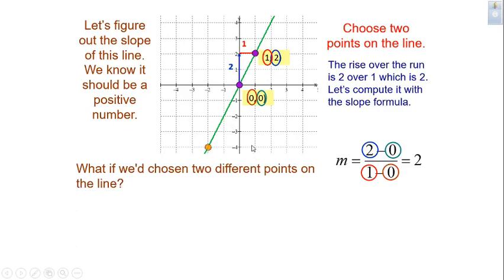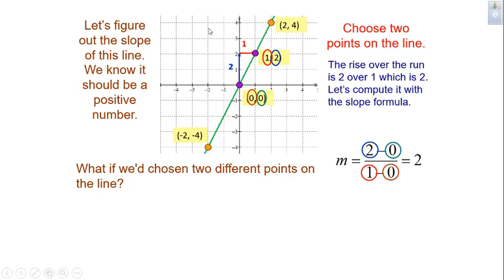If I choose 2 different points, say this point here that's going through the corner, that coordinates are -2, -4, and this point is going through another corner, 2, 4, I will get the same result. This rise will be 1, 2, 3, 4, 5, 6, 7, 8 units up, and to the right, 1, 2, 3, 4 units.